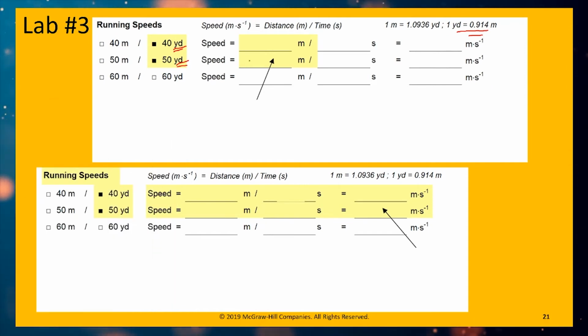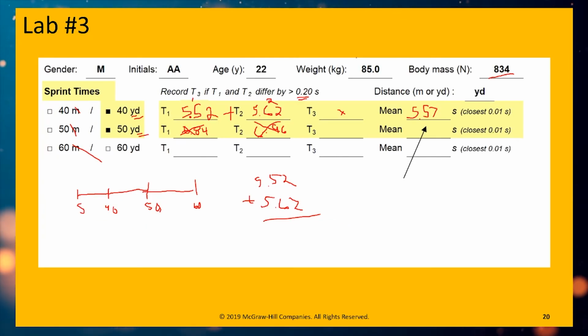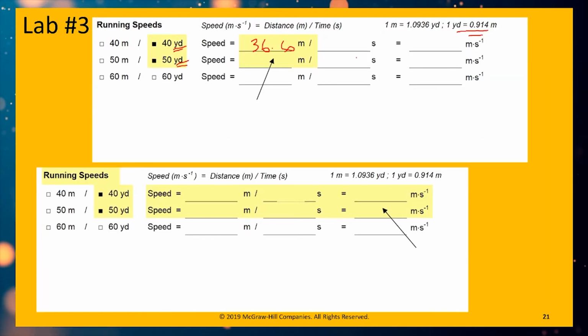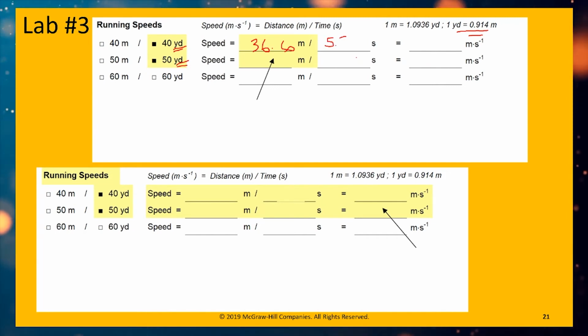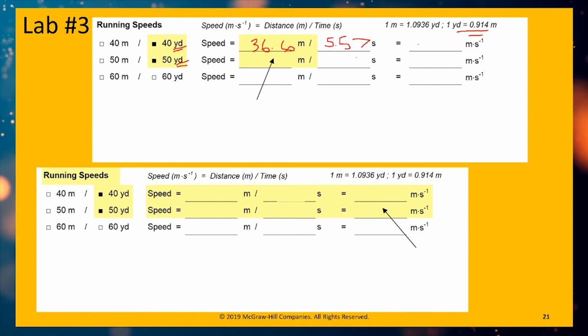So let's write it in, 36.6. And remember what our seconds were from before, which are 5.57. So we are going to write 5.57.